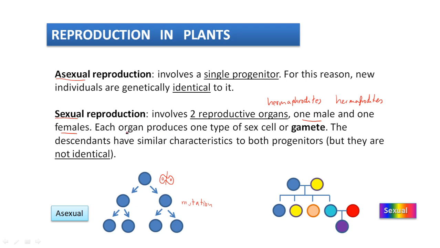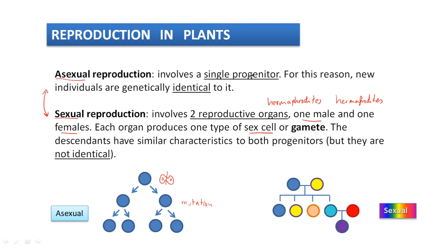Each organ produces a special cell called sex cell or gamete. The descendants have similar characteristics to both progenitors, but they are not identical. That's very important. It's the basic difference between asexual and sexual reproduction.